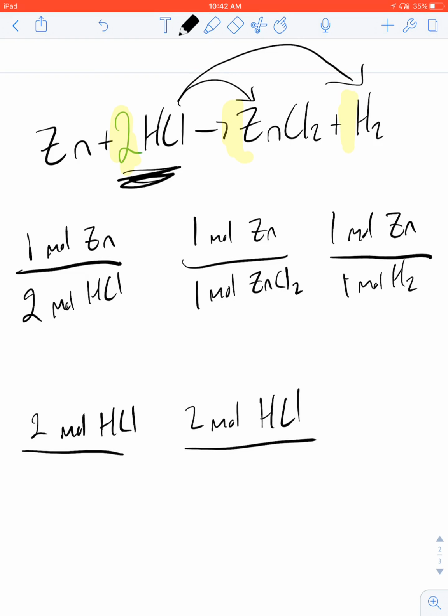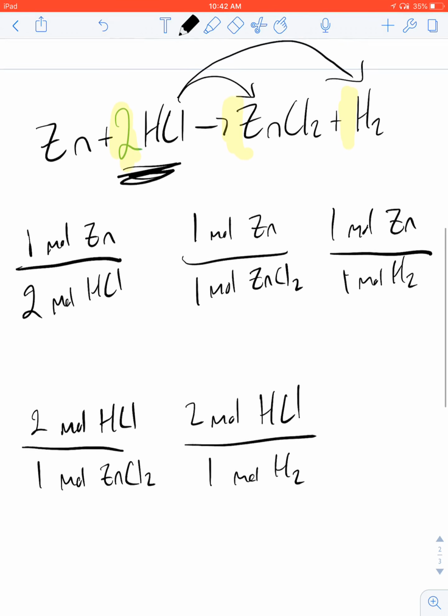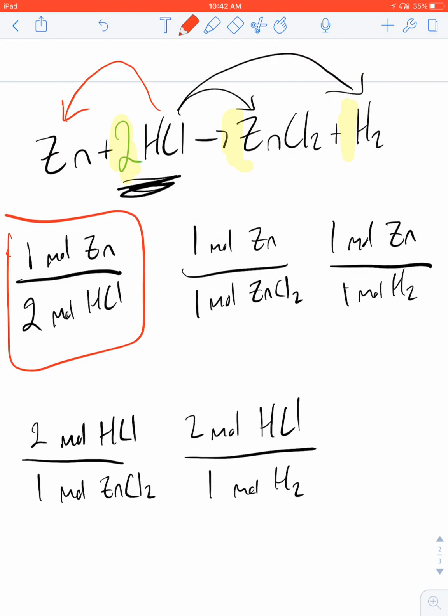Now again, to complete these mole ratios, we look at the coefficients of the other components. For zinc chloride, the coefficient is empty, so it's 1. And the same thing again for moles of hydrogen gas, 1. Okay, so now we're done with the relationships between HCl and the other components. Again, we don't have to make a relationship between HCl and zinc because we already have that one.